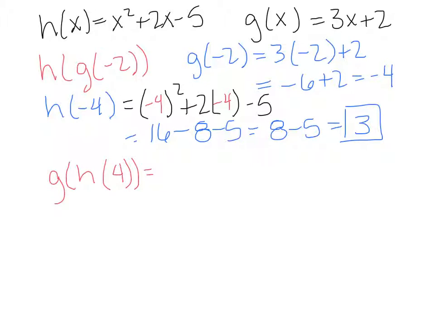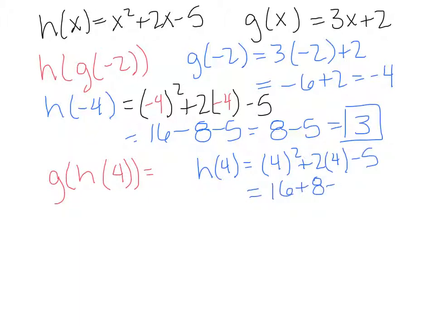So h of 4 is going to be 4 squared plus 2 times 4 minus 5, which is 16 plus 8 minus 5, which is 24 minus 5, which is 19. So now we go over to our g function. All we've done is found the inside.